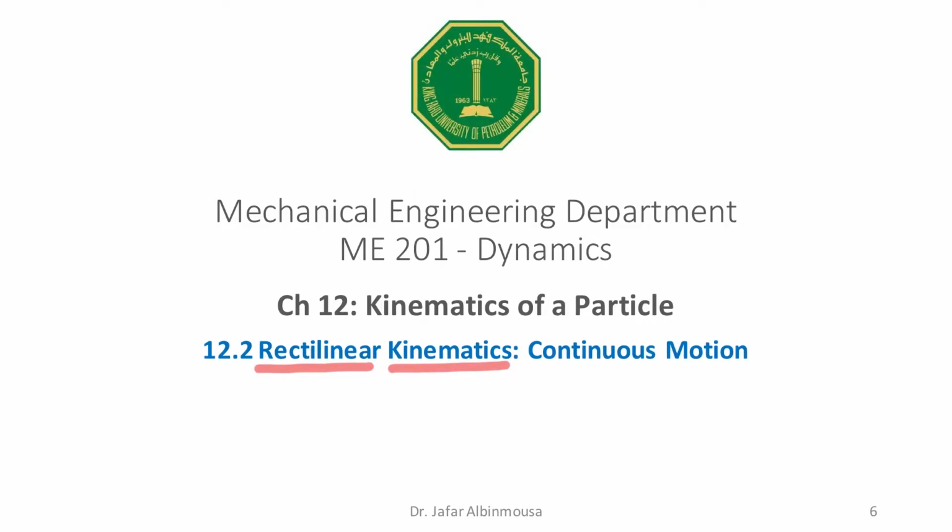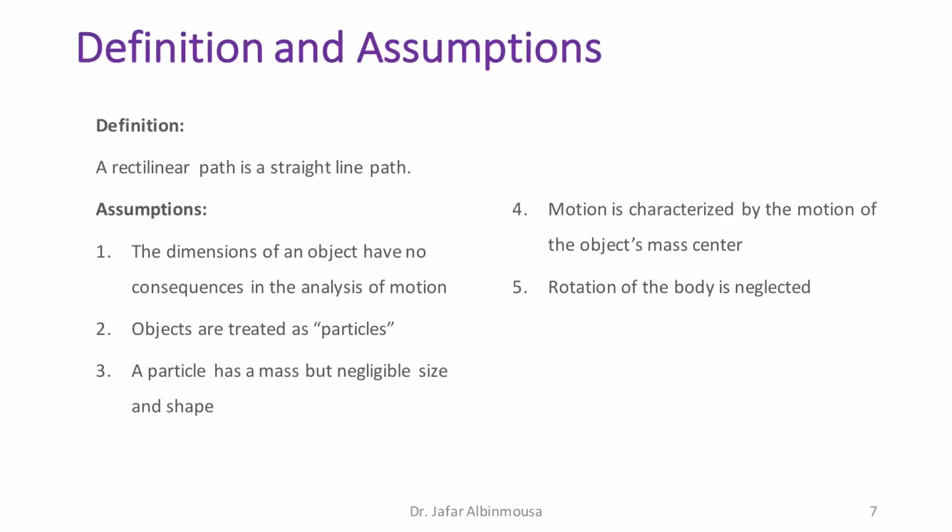For the rectilinear motion, we are going to define the word rectilinear for you in a minute. So, to start with this, we need to have a clear definition of the rectilinear path. A rectilinear path is a straight line path. Straight line means just one line, no curvature.